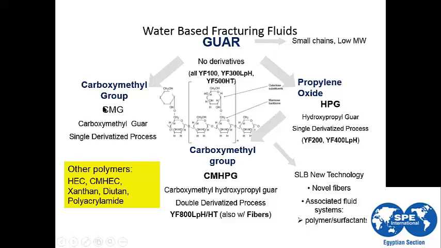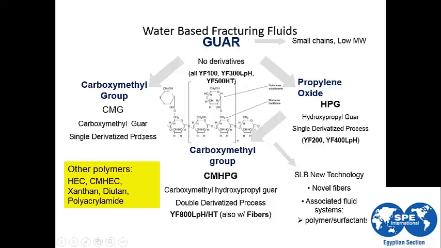So CMG means what? It means carboxymethyl guar, a single derivative. Hydroxypropyl guar can be termed HPG, which has a single hydroxypropyl derivative.